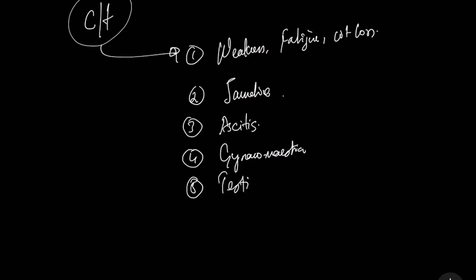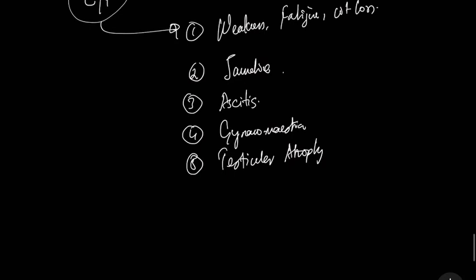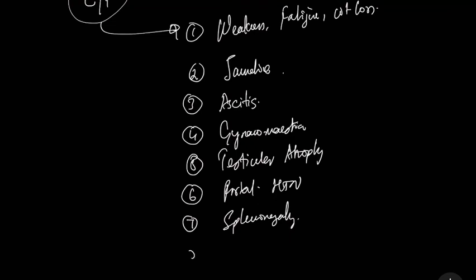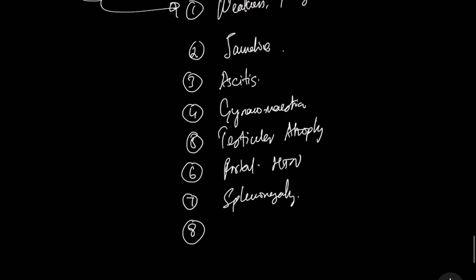Fifth is your testicular atrophy, all right. Sixth is portal hypertension. Seventh is splenomegaly. And eighth, all right, this is a very important one, it is spider angiomas on skin.